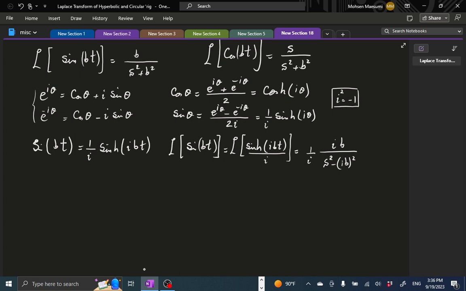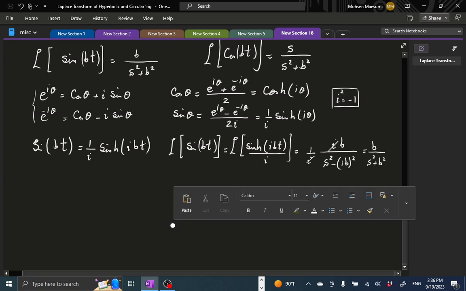Okay, let's go ahead and clean this up. So of course i's cancel, and (ib) squared would be i squared b squared. i squared is minus 1, and that minus cancels this other minus, and this whole thing boils down to just b over s squared plus b squared. Okay, the i's cancel. i squared became minus, and cancel this minus into a plus, and that's what we got, and that's what we intended to show anyway.